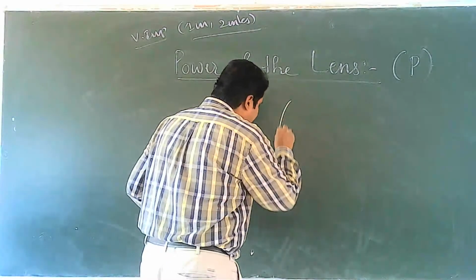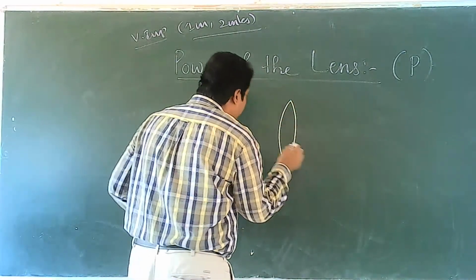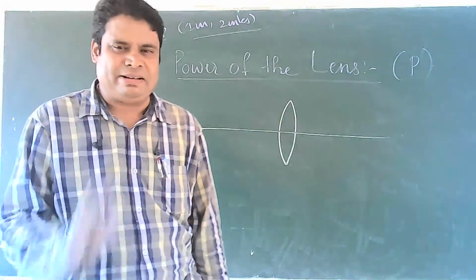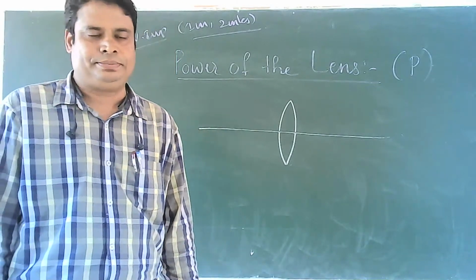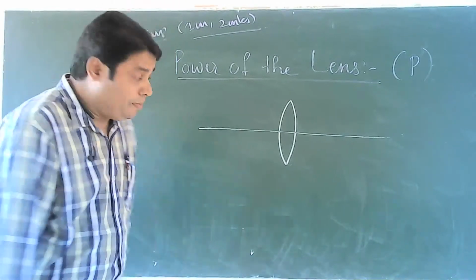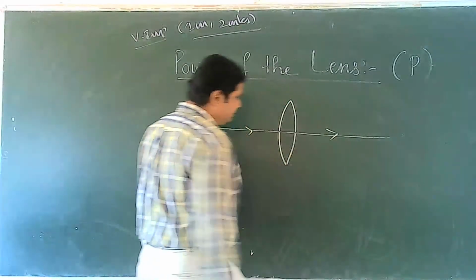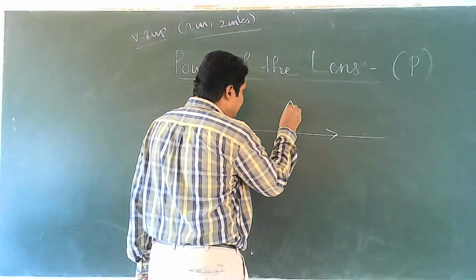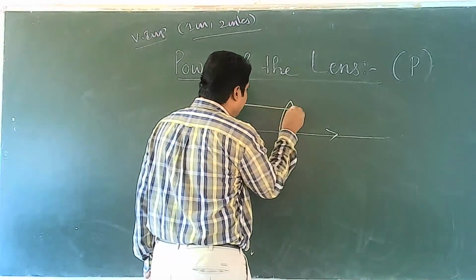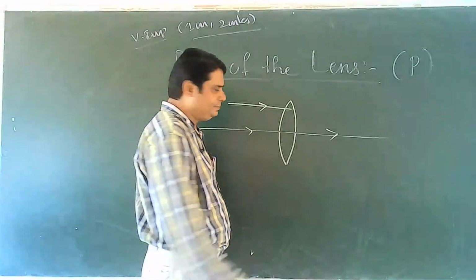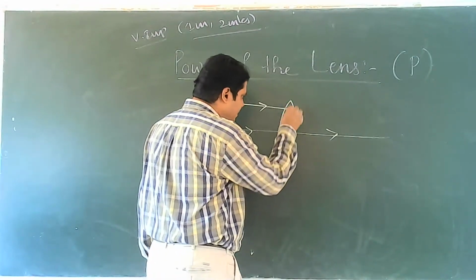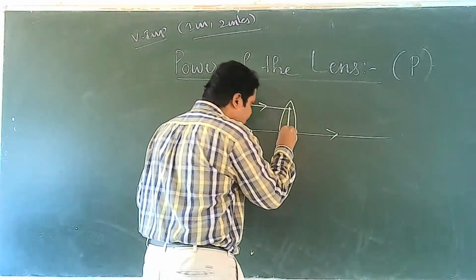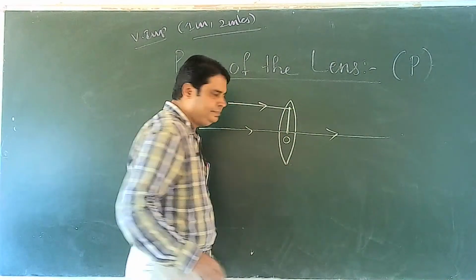Okay. Let me draw. Take a convex lens, let us take a convex lens as a standard, and a ray. This is the point where the ray is incident. This is the optical center.